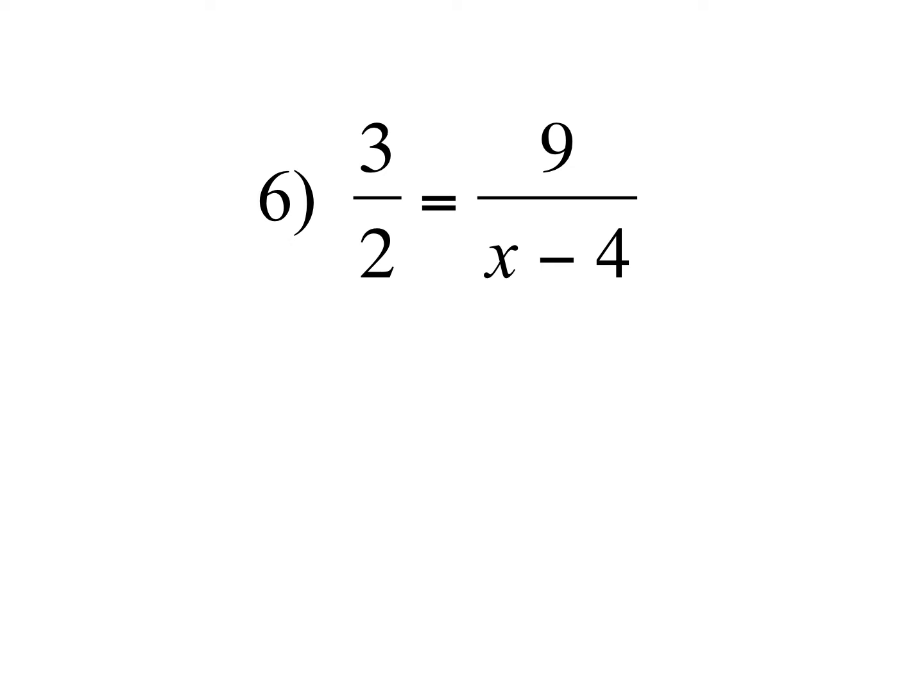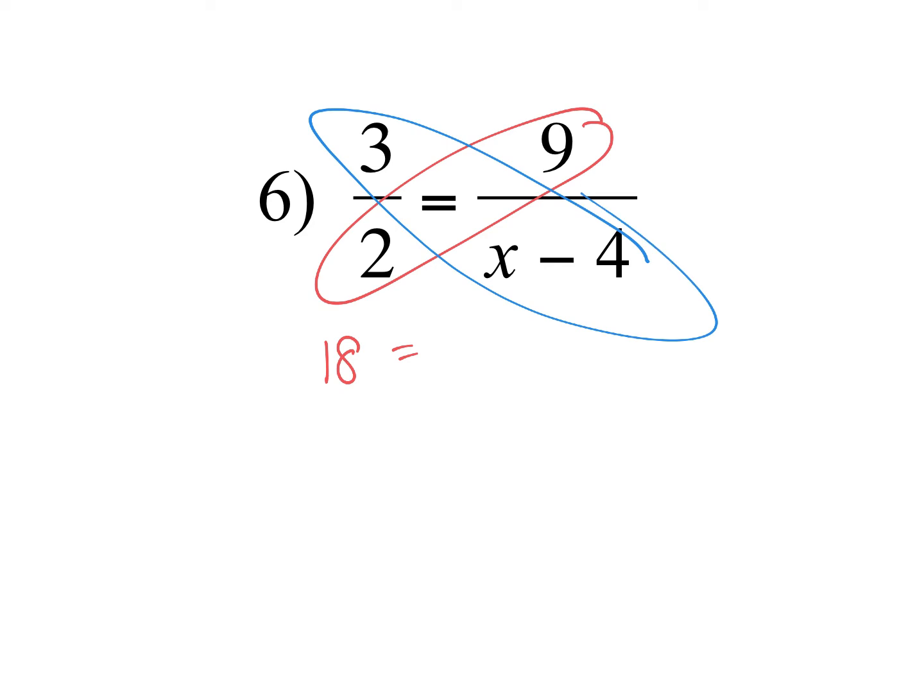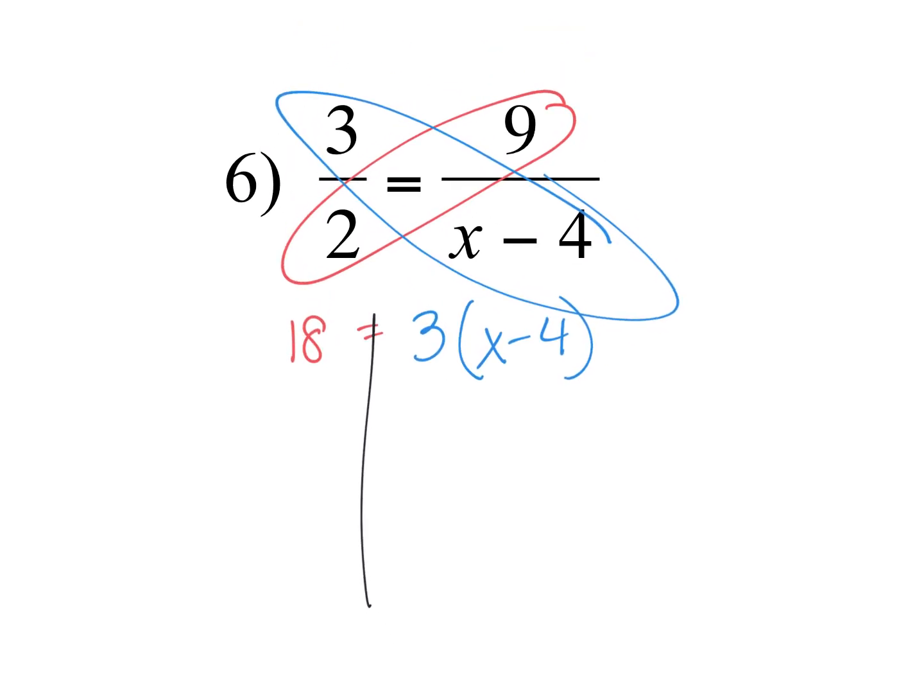Let's do another one. I'll get the easy one out of the way. 9 times 2 is 18. And then we need to do these ones, and I want you to write them separately. So 3 parentheses x minus 4, close parentheses. You need to write the parentheses step. Don't skip it.